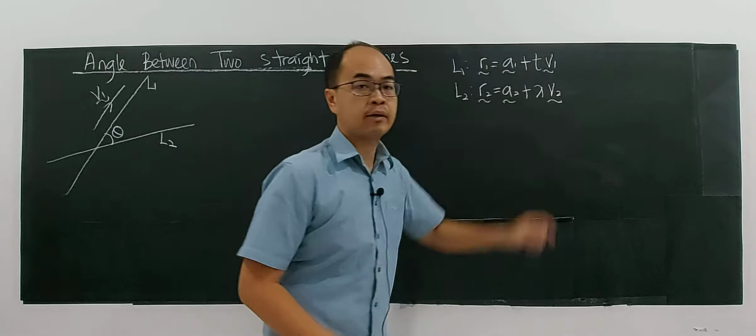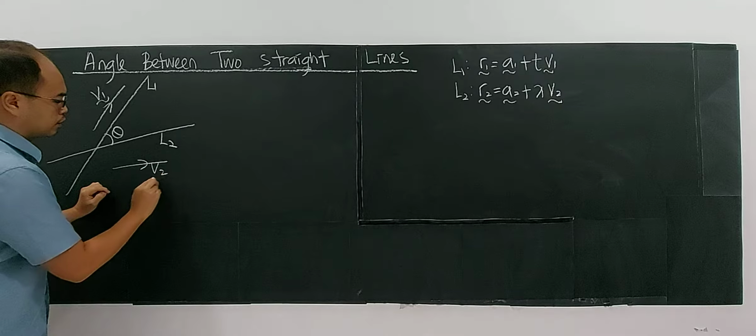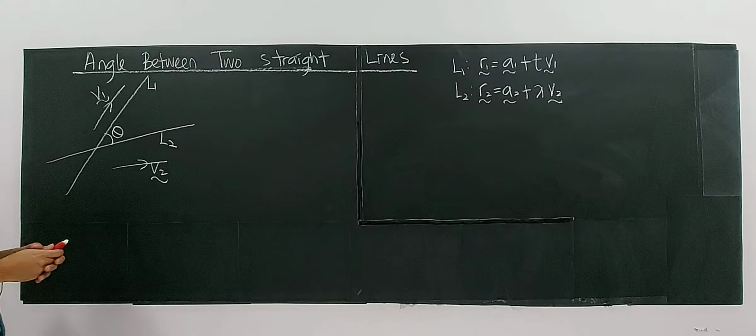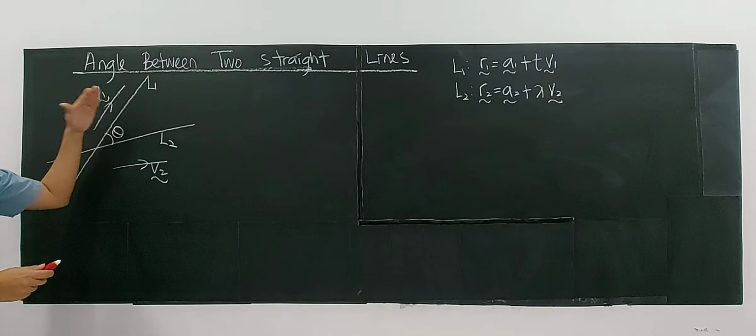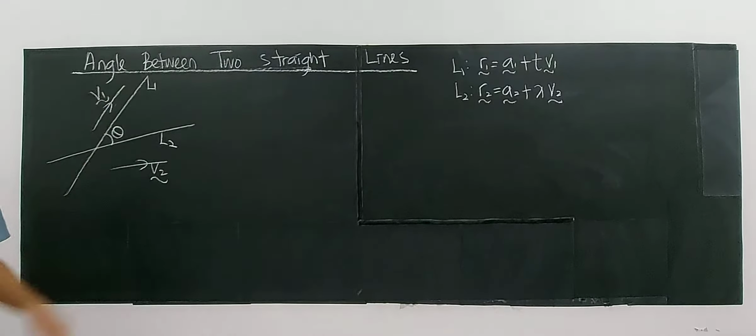What we want is the direction vector. So the conclusion is, if you want to find the angle between two straight lines, you need to know the direction vector of both lines, meaning V1 and V2 here.